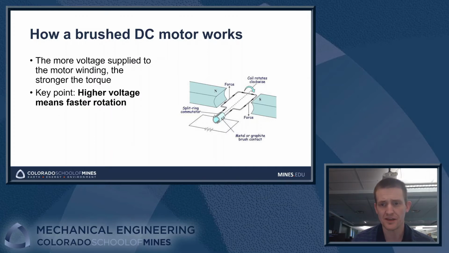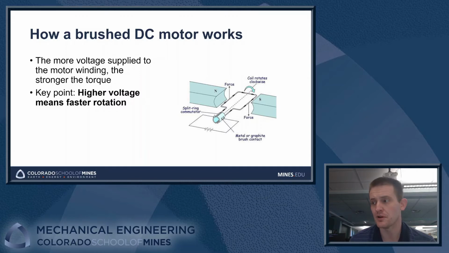The key thing we need to know if we want to control the speed of the motor is that the more voltage we supply to the motor windings, the stronger the torque the motor is going to produce. If we keep everything constant in the rotor of the motor, like a constant moment of inertia, the higher the voltage we apply to those windings, the bigger the torque, the more angular acceleration we'll get, and the faster the motor is going to rotate.